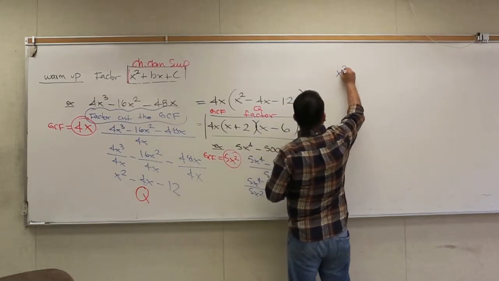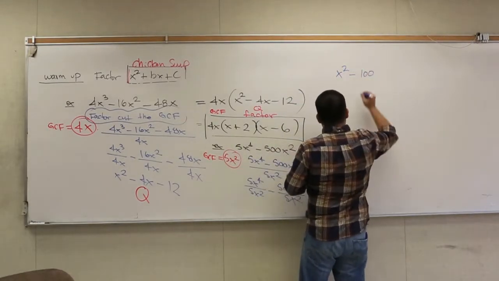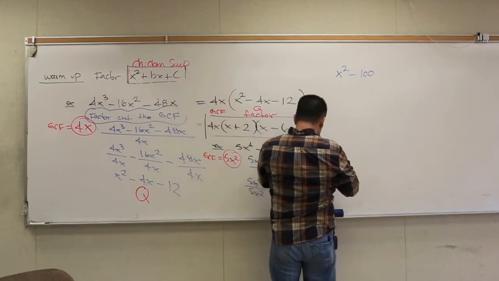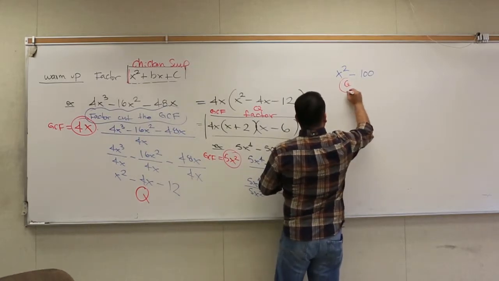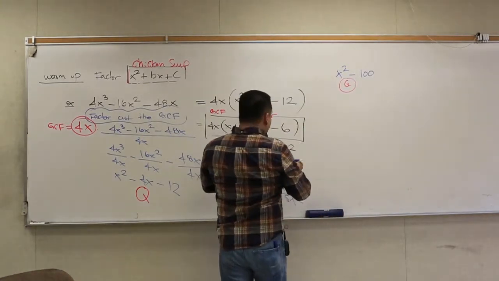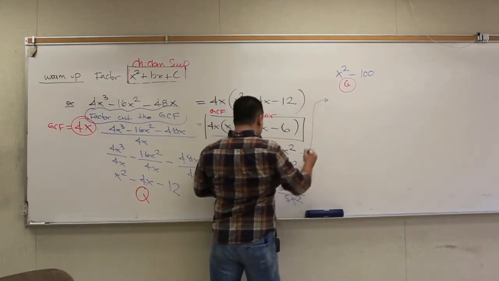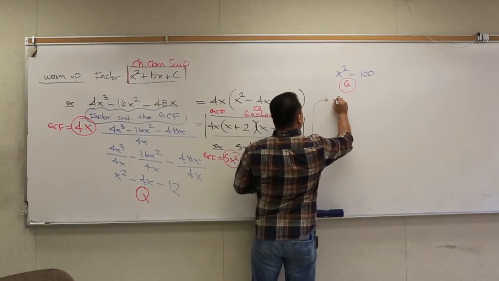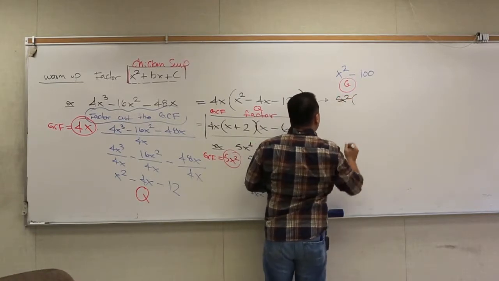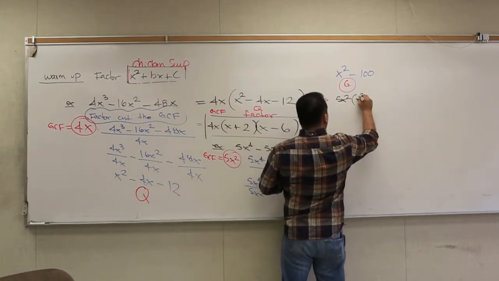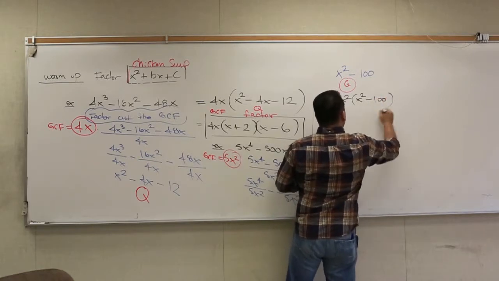X squared minus 100. This is the quotient. So this problem here becomes greatest common factor of 5x squared times the quotient of x squared minus 100.